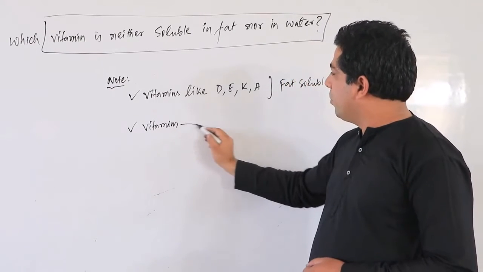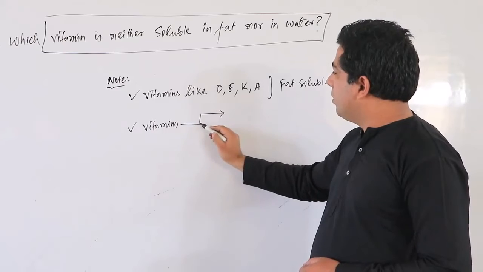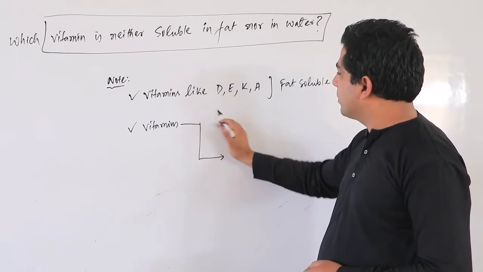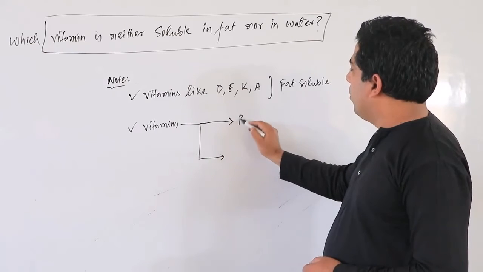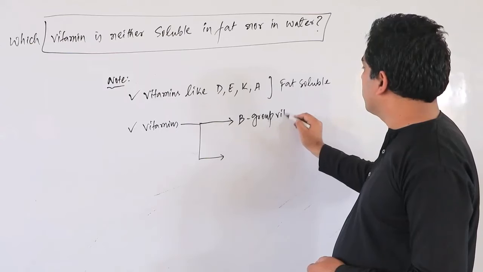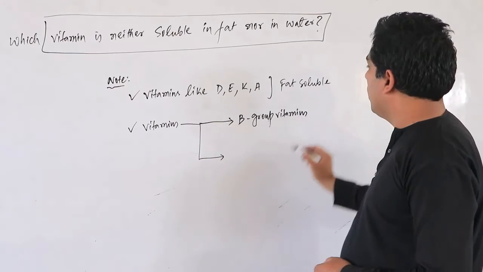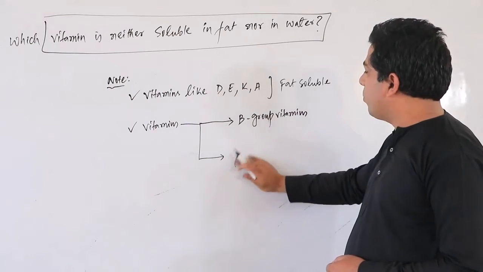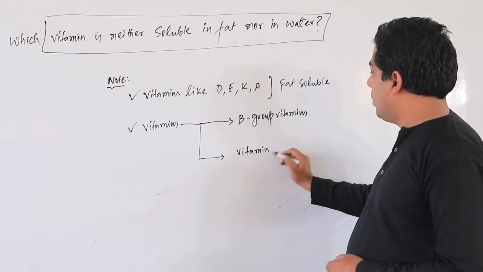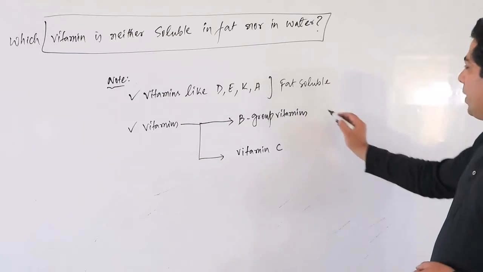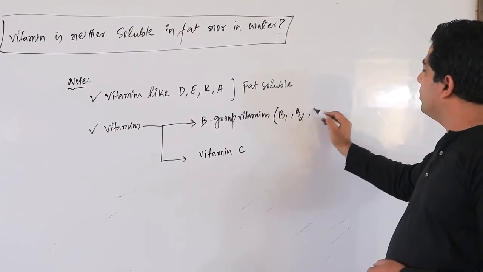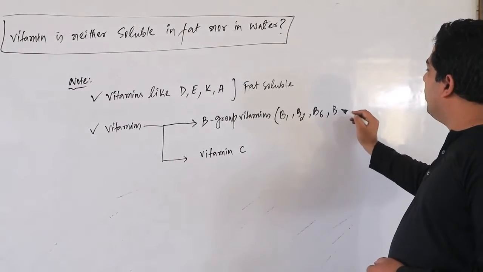Like you can have B group vitamins. Let's start from here. B group vitamins. And C vitamin or vitamin C. So B group vitamins you can take B1, okay, then B2, B6, B12.